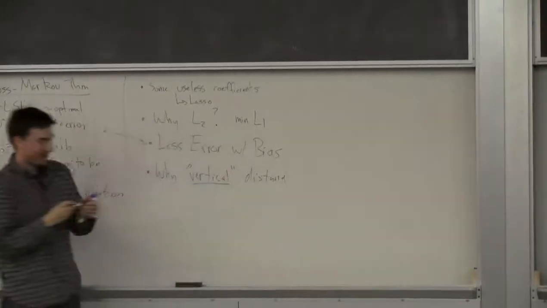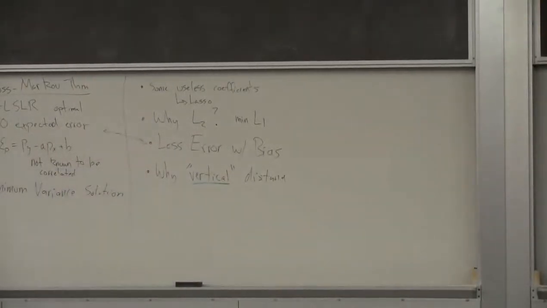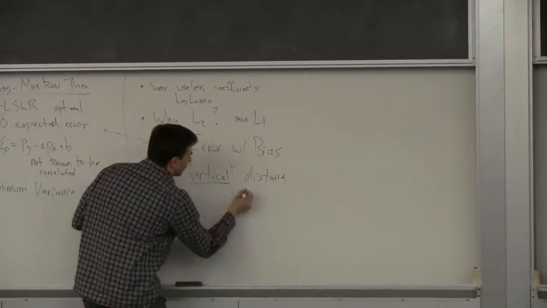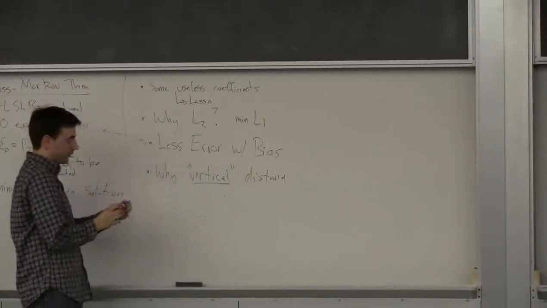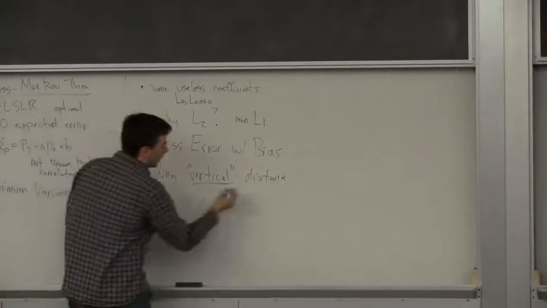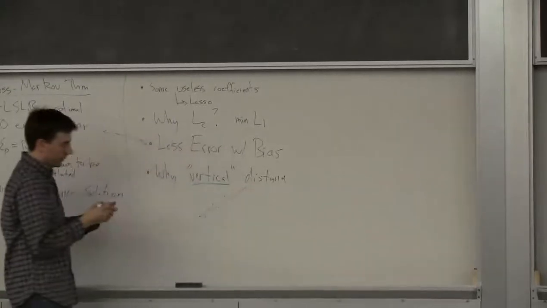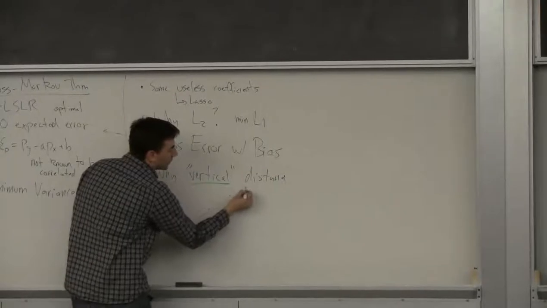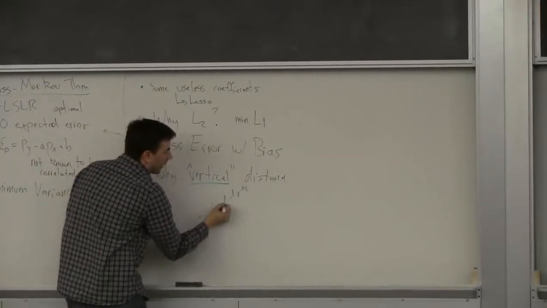Okay, so if you look back over here, maybe I'll draw a new picture. We've got these data points, and we drew some best fitting line through these data points. And then we were looking at these vertical distances to this line.